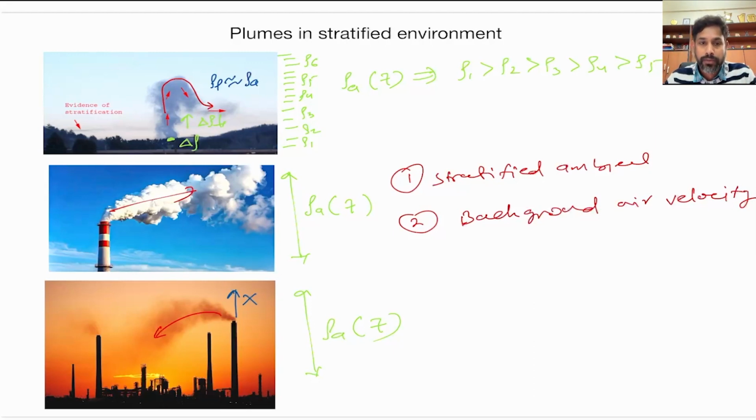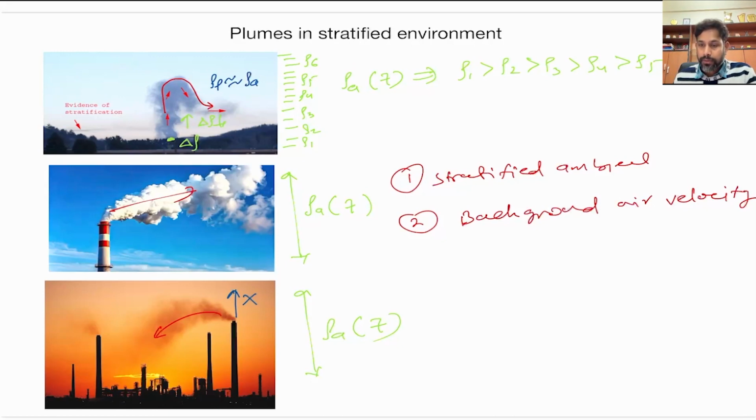It loses its buoyancy very quickly, and it tries to mix with the ambient, or in fact it comes down, right? And that is how it pollutes the environment even more during winter, and that is something you might have been seeing in news, or you might see in weather forecast, that AQI is generally very high during the winter season, right? And this is one of the reasons, okay?